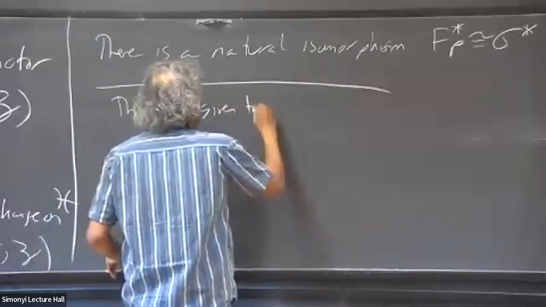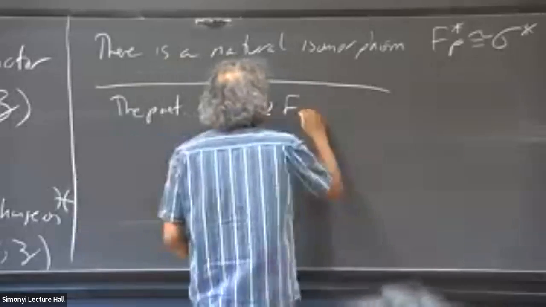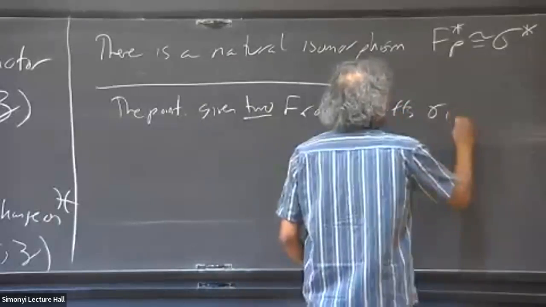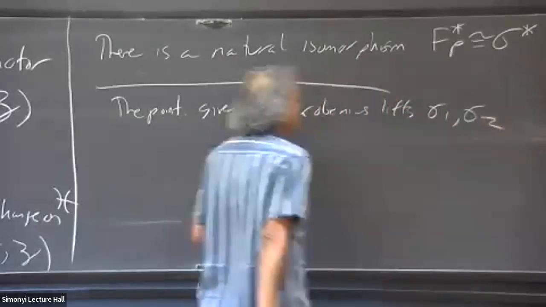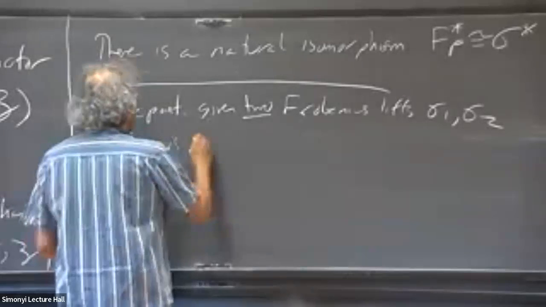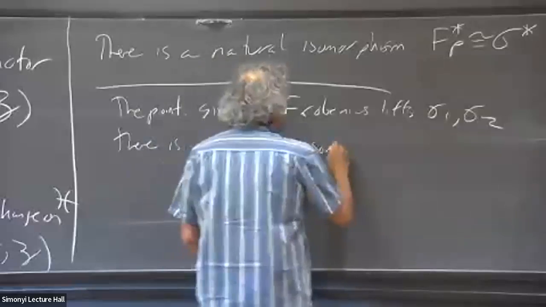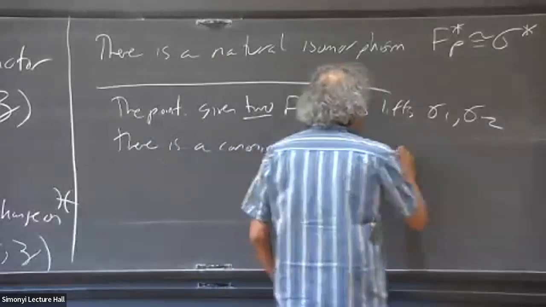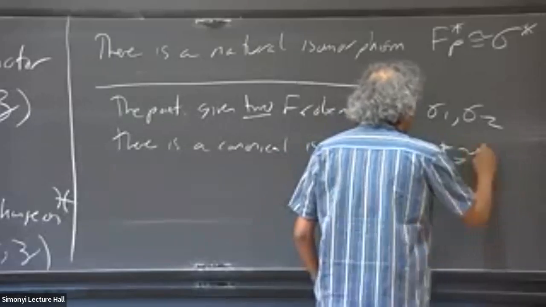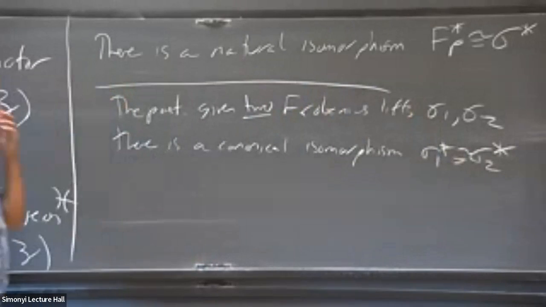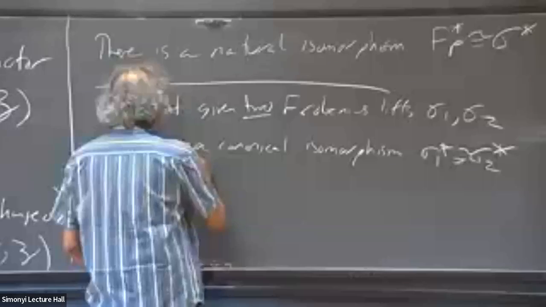Given two Frobenius lifts, sigma 1 and sigma 2, there is a totally canonical natural isomorphism of the pullbacks by sigma 1 and sigma 2, and it'll satisfy the cocycle condition.